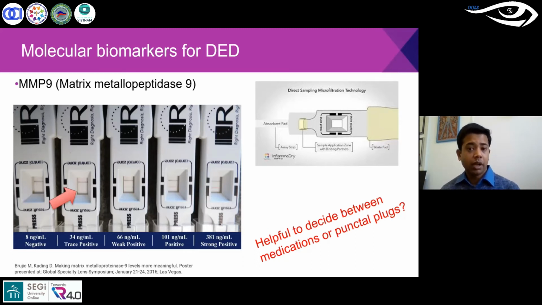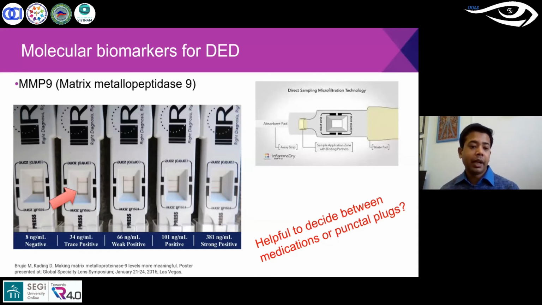I will not go for a punctum plug because essentially you are allowing the cornea to continue to bathe in a toxic tear, which has a lot of MMP9, and allow more and more degradation of extracellular matrix. It's like taking a bath in dirty water. So you want that to flush off. But then you really want to start some medications or alterations of medication treatments and management.